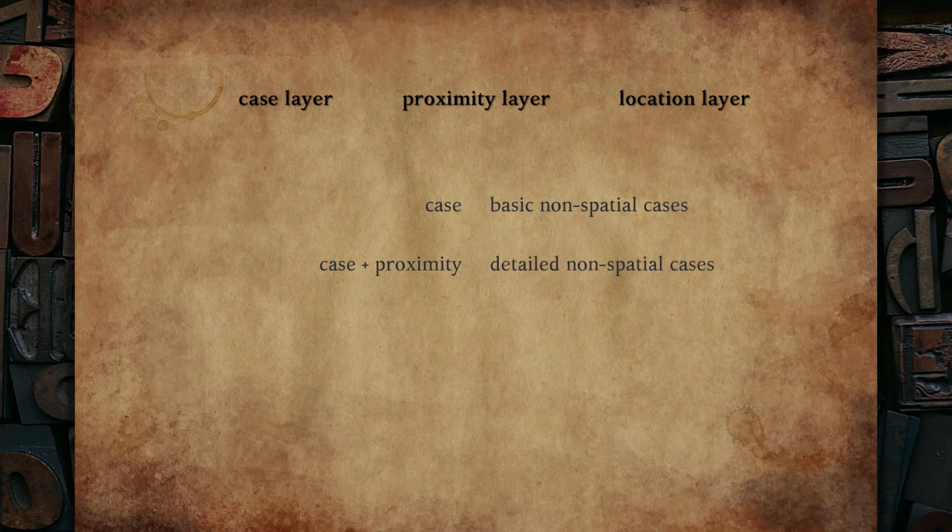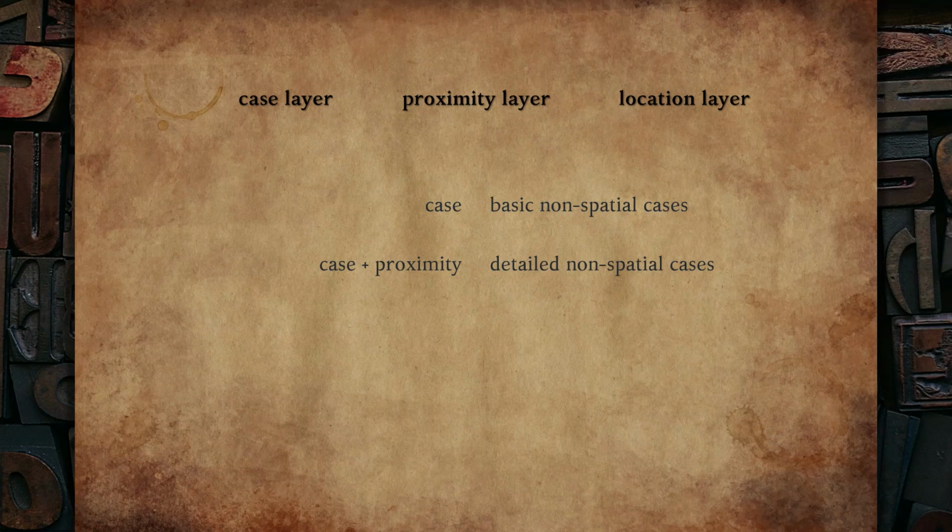Like I went through lists of cases in natural languages and basically dumped all in this system. So we have 6 cases and 5 proximities, which yields 30 cases, 30 detailed non-spatial cases.